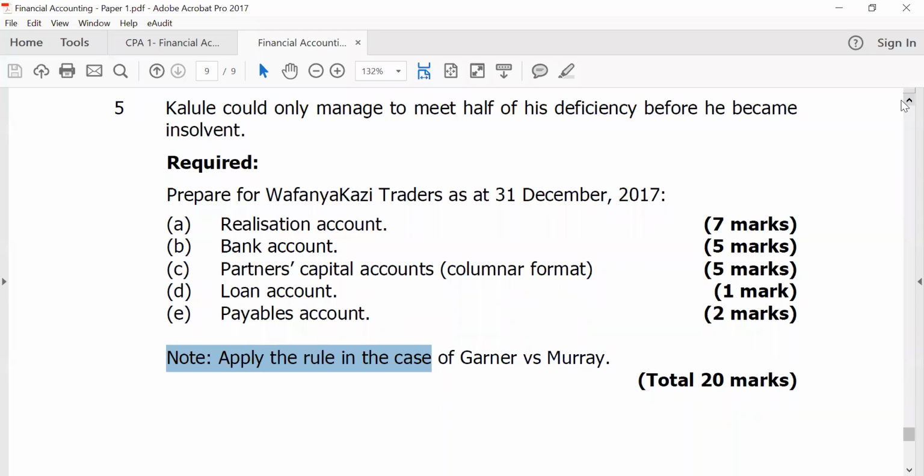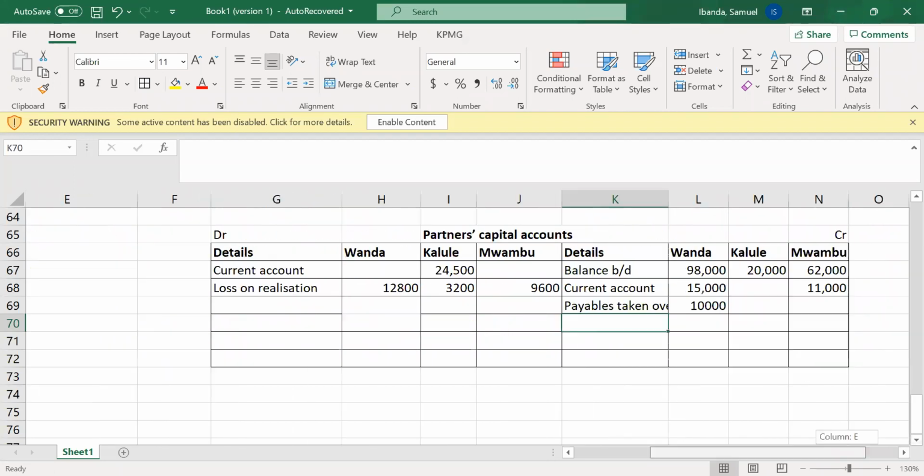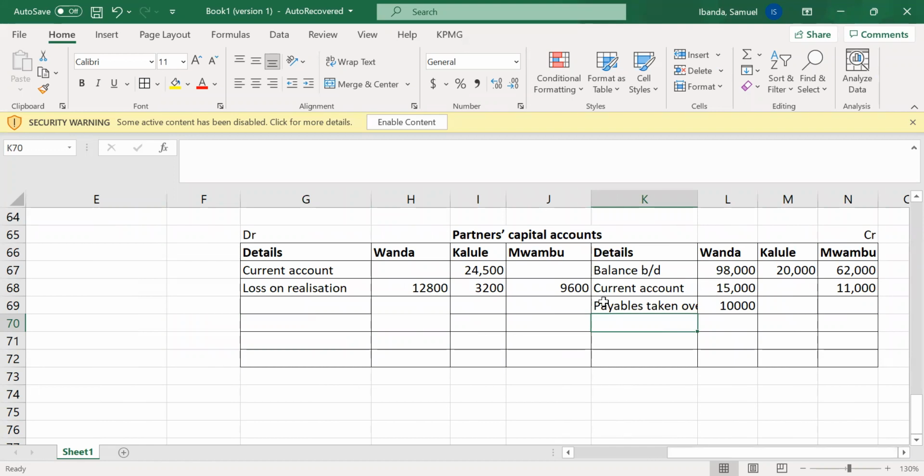You can best understand it when you look at our so-called capital account. If you've input all the information in this capital account, you're going to see that Wanda has more on the credits side.